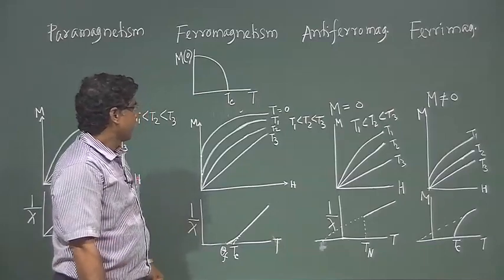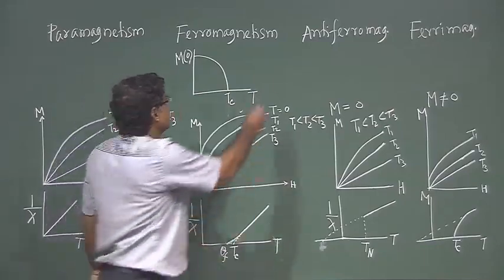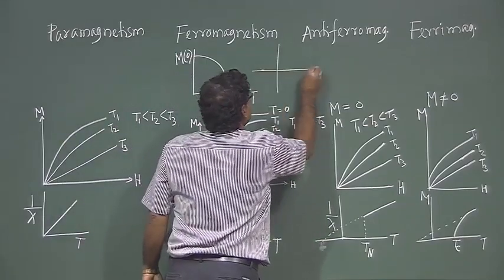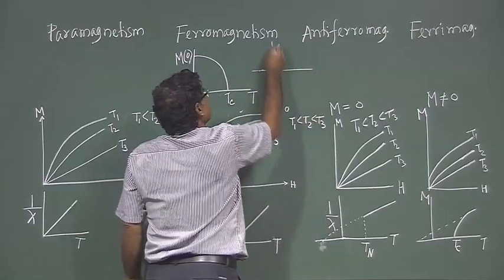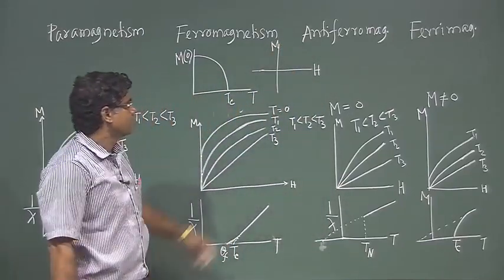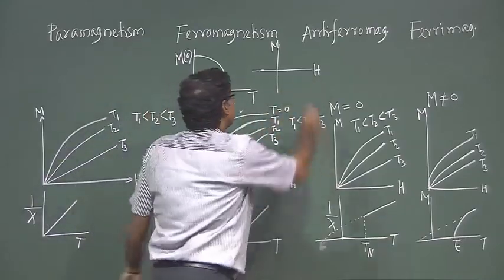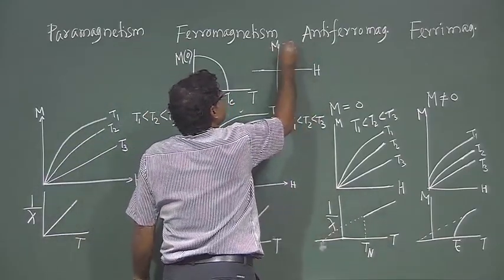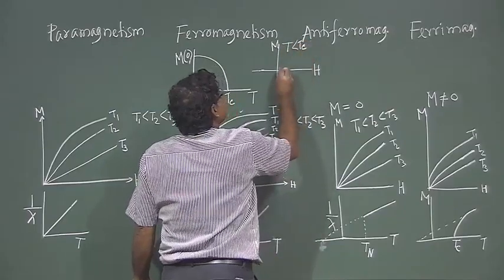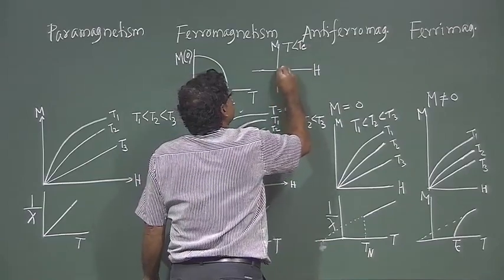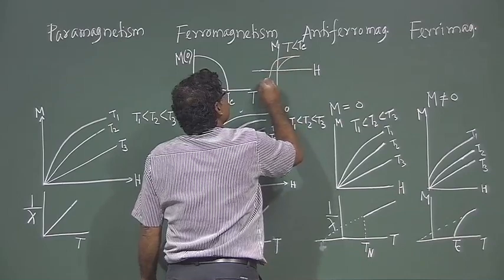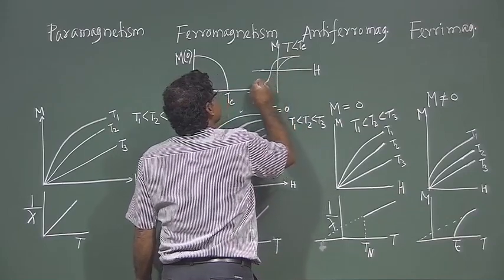Okay. And also if you take M as a function of H at T less than Tc, then what you see is this type of variation, a hysteresis loop.